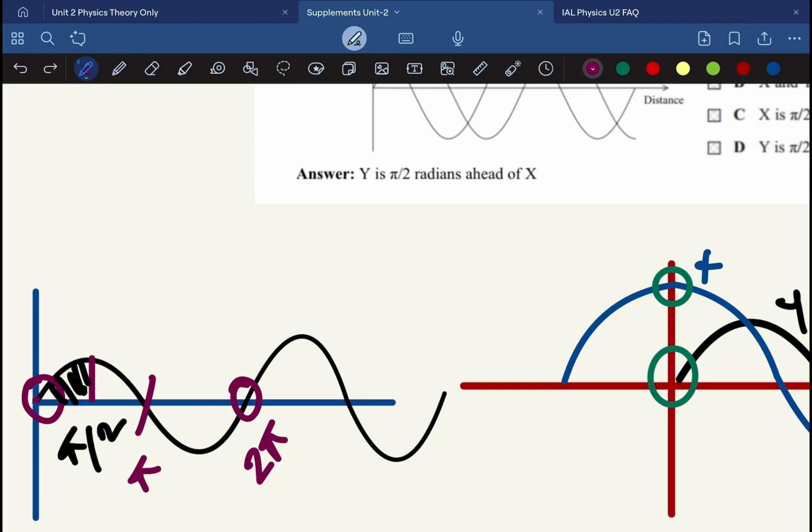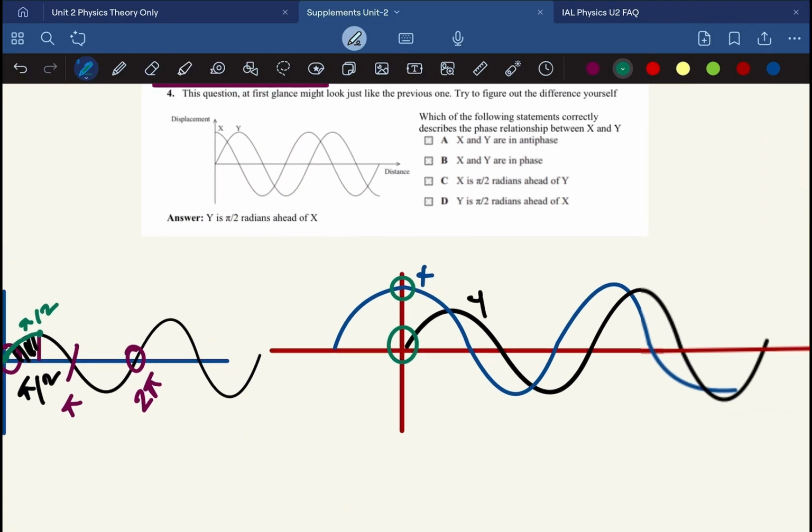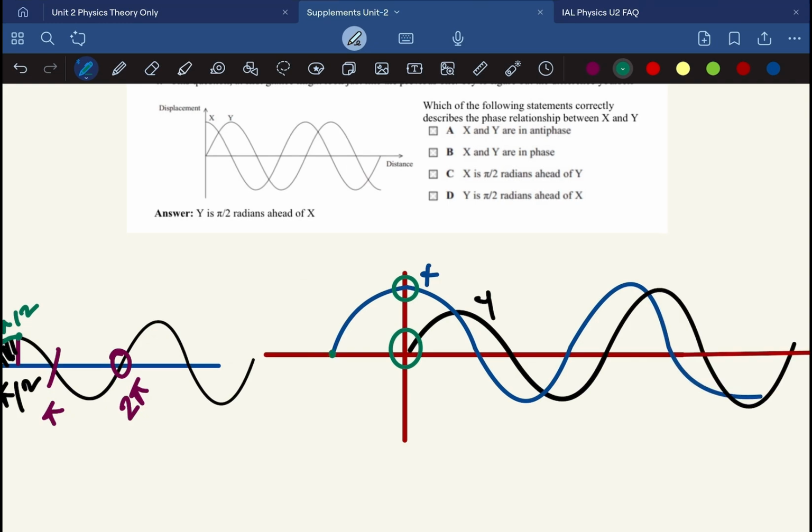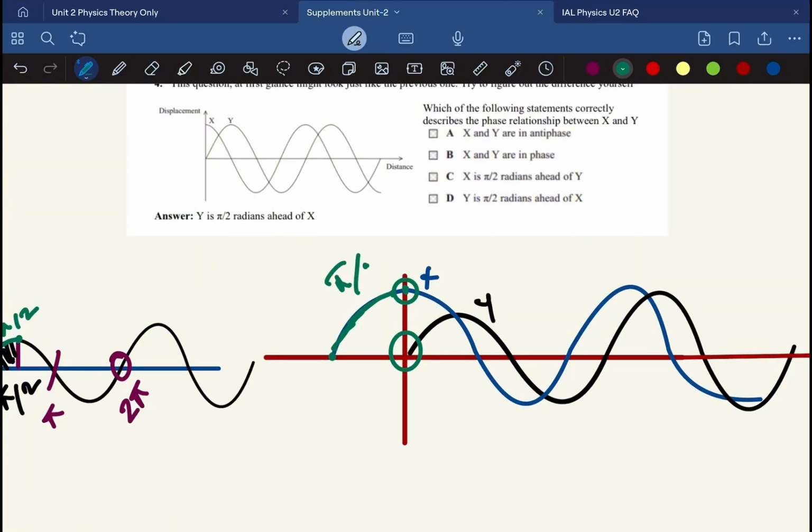When you start from here and you reach this position, that means this is what pi by 2 means, right? And now here as well, it started from here and it has reached this position, so it has covered pi by 2 greater, right?